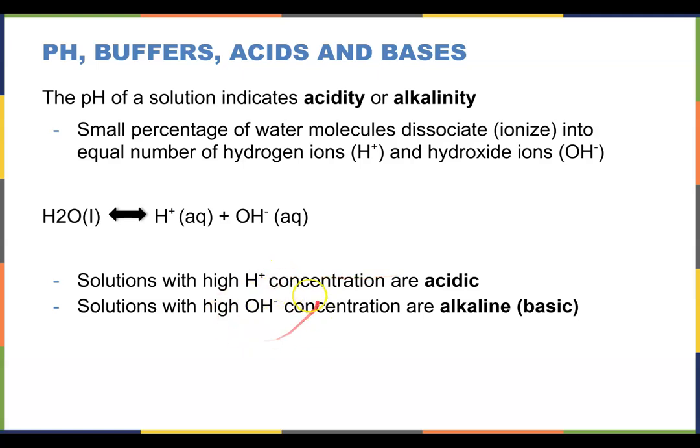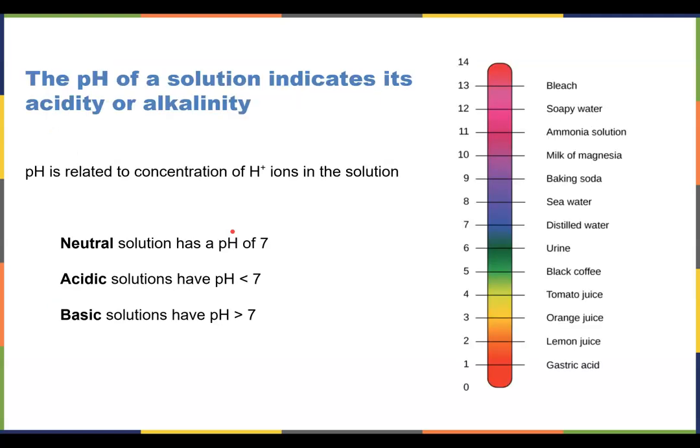If we have more hydroxide ions, we'll have a more basic solution. But if they are in balance, we'll have a completely neutral solution. And so a neutral solution is indicated with a pH of 7. And that has to do with a logarithmic formula, which we won't get into. But a good example of that would be like distilled water.